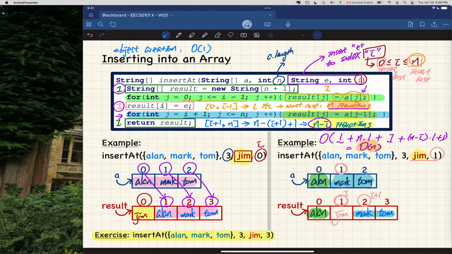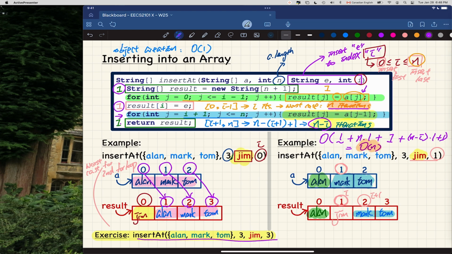Okay, and then you guys can try maybe insert add over here. So this one is the worst case for, so let me just give you some insight over here you can think about. This one here is really the worst case for the second for loop.